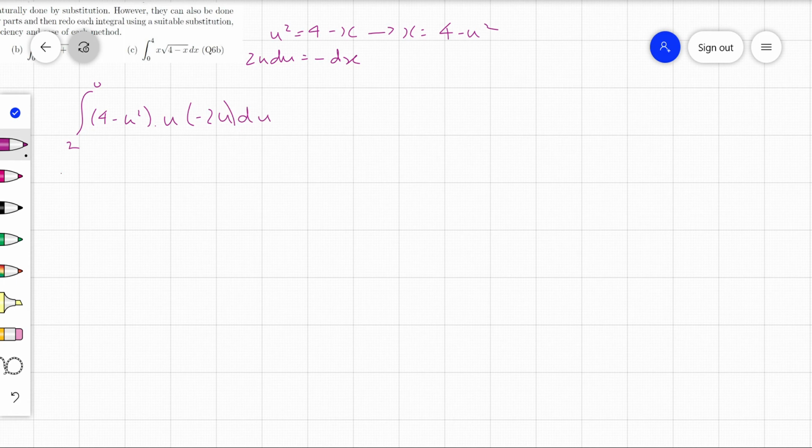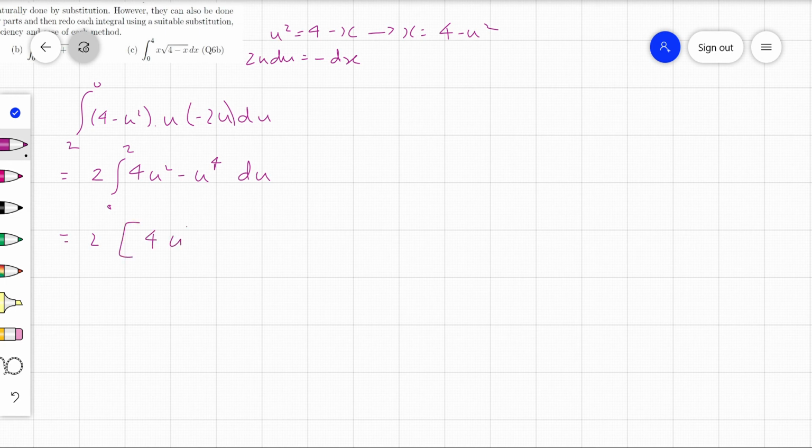All right, so if we put all that together, what I might do is put the 2 at the front, and in the negative, I can just change these limits from 2 to 0 to 0 to 2. That takes care of the negative. And then I've got a u squared timesing by these brackets. So if I just undo that, I've got 4u squared minus u to the 4 in my brackets. So that should be okay.